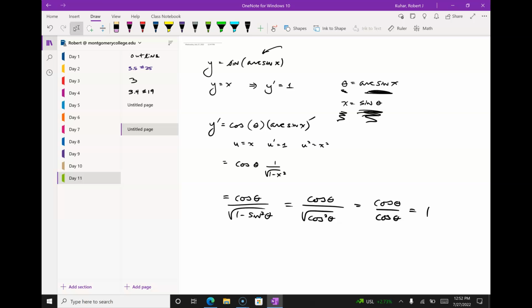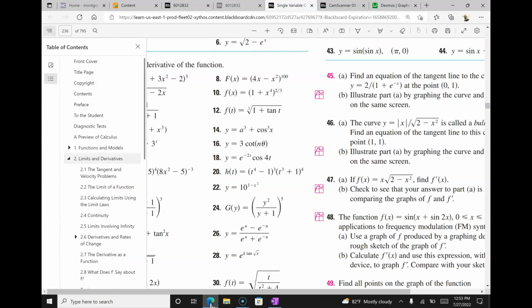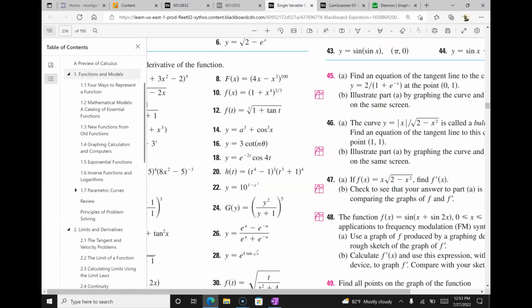So there's a definite need for a review of some of the pre-cal, right? If you're having trouble with the log functions, the exponentials, rational functions, inverse functions, trig functions, then you've got to go back to your pre-cal book if you still have it. If you don't have it, chapter 1 in our book is all pre-cal. So chapter 1, inverse functions and logs, exponential functions.